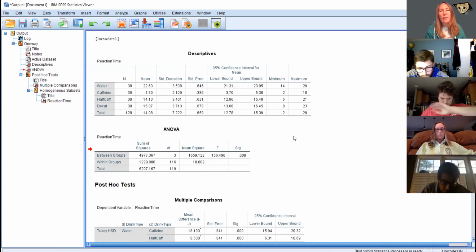And so if we're thinking about purely the interpretation of this, and this is going to be the same for the within, because the data is the same, because decaf was significantly faster than water, that suggests that there is a placebo effect. People are believing they're drinking coffee, so they're believing that it's going to make them better.